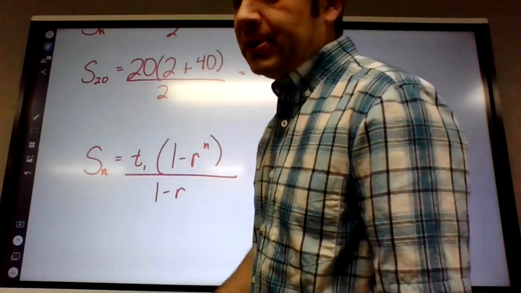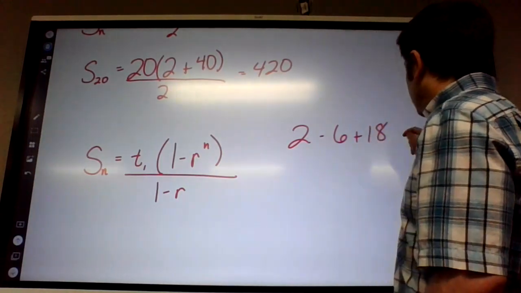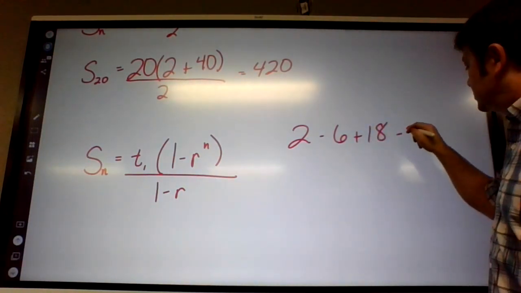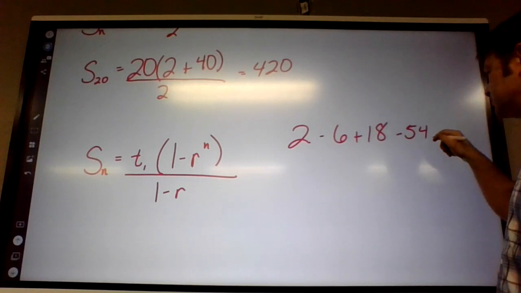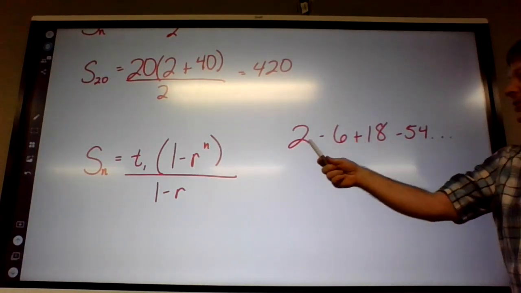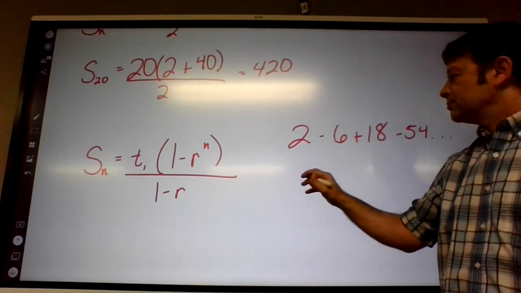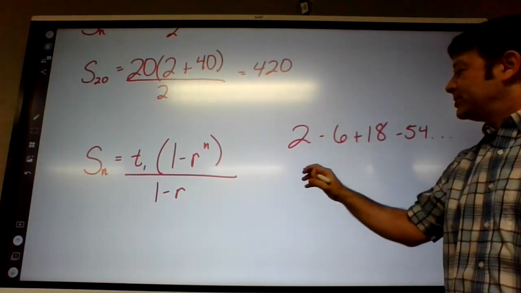Actually, the book gave a little example. We probably can look at that. Let's see, 54. Can you guys tell the pattern on this one? Times -3.